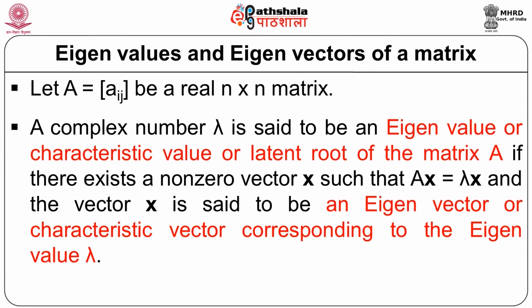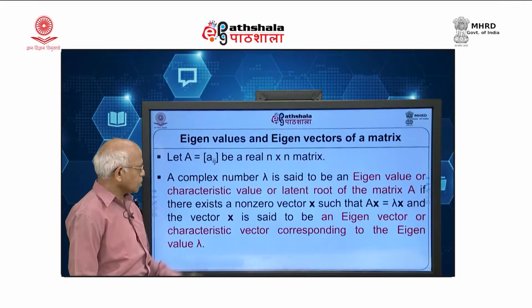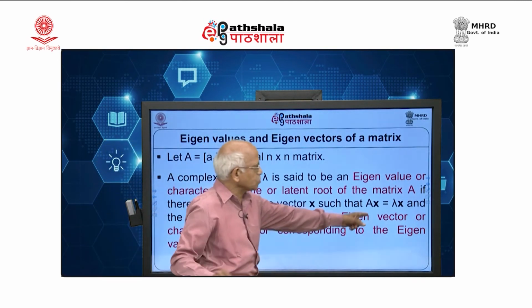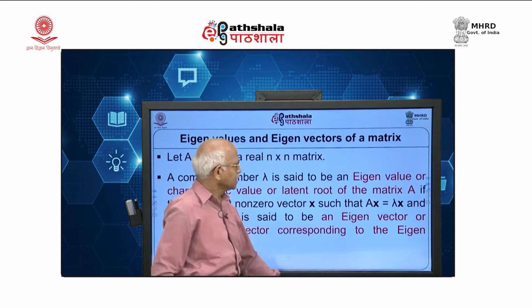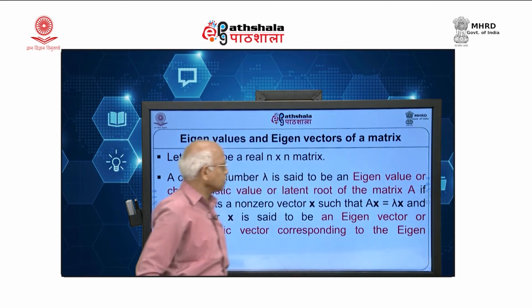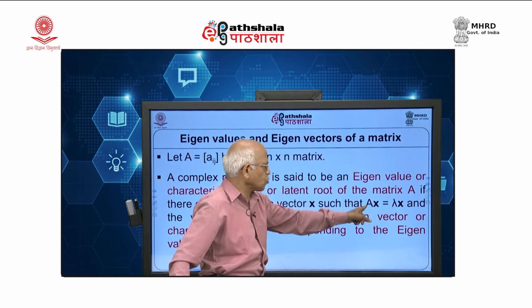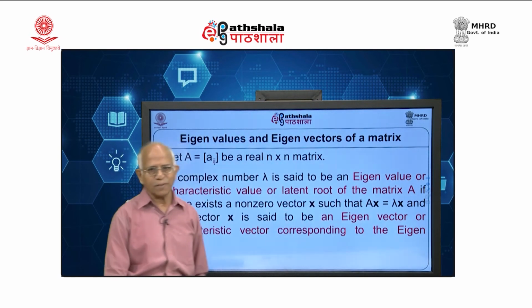The vector x bar is said to be the eigenvector, or the characteristic vector, corresponding to the eigenvalue lambda. So, if the equation A x bar equals lambda x bar is satisfied, then lambda is called an eigenvalue of A and x bar is called an eigenvector of A corresponding to the eigenvalue lambda.